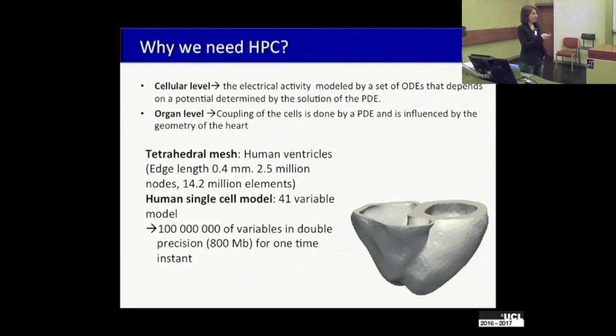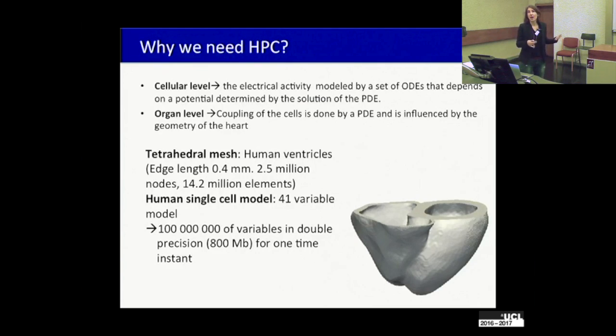As we said, at cellular level, the electrical activity is modeled by a set of ODEs. Those ODEs depend on the voltage, and this voltage is determined by the solution of a PDE. When we embed this into organ, we have to couple the cells. This is done by a PDE, and this is influenced by the heart geometry.